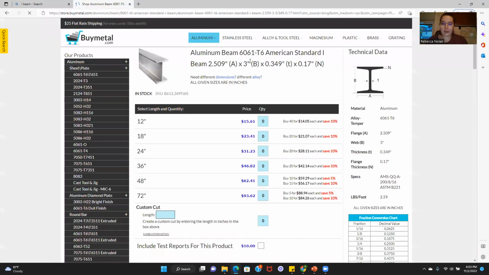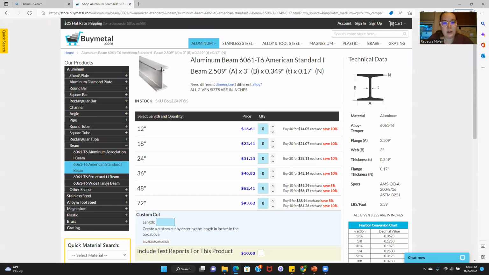So this has two lines of symmetry, right? You have a line of symmetry down the center and a line of symmetry across the x-axis. And so your point is going to be at the geometrical center. But because more material is pulled away, it's going to have more resistance to bending.